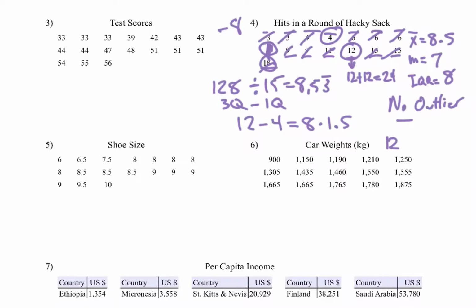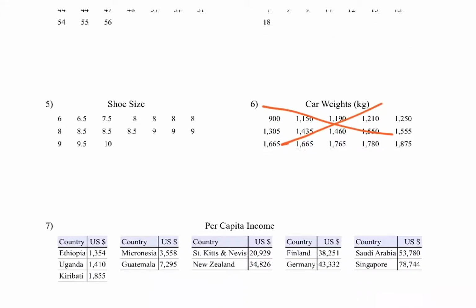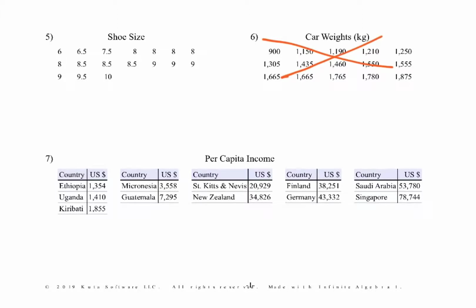Let's see, we now are moving on to number 5. We already did this one, didn't we? Okay. So, number 5. Again, we've got these luckily in order, so that helps make life a little easier. So for the average, the mean, we add them up, and we get a number, and divide it by 17, and we get 8.29, so we're going to round to 8.3.